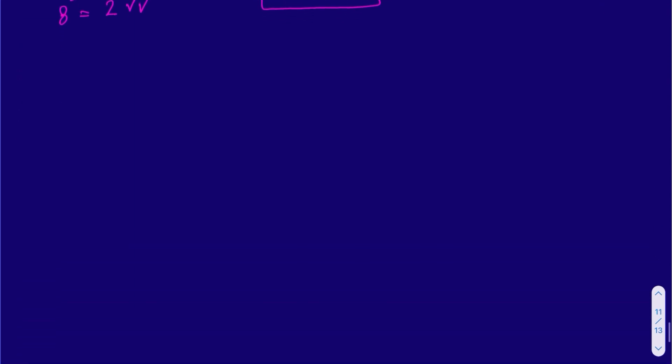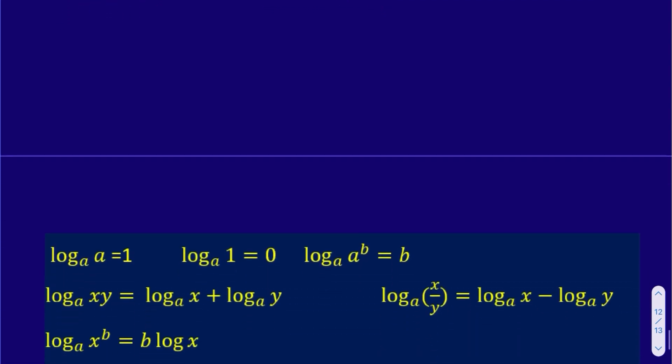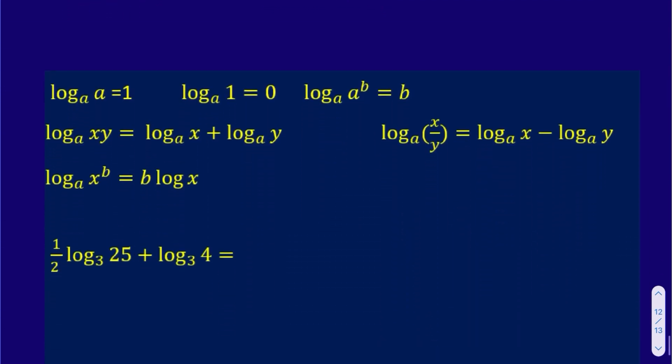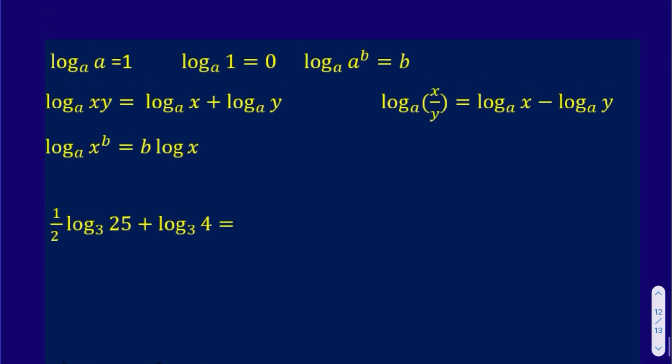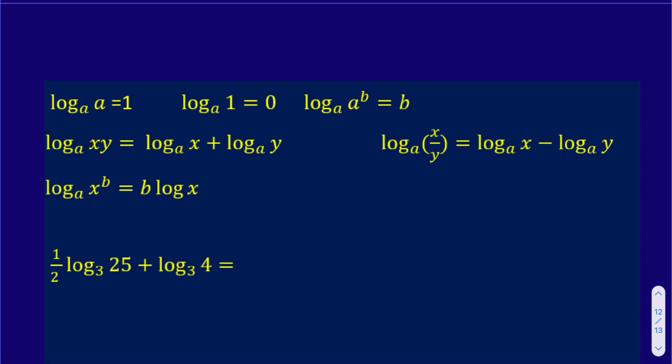All right, but there are some rules also that help us to simplify logarithmic functions. There are some rules, and the rules are here. Rule number 1, well, there is no sequence here, but we can say this is the first one. Log of a number or a variable, when it has the same base, the value will be equal to 1.